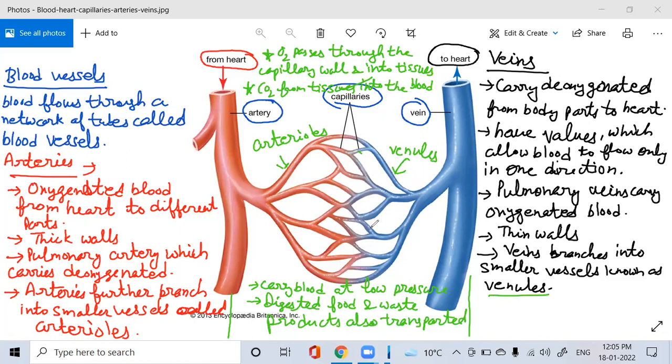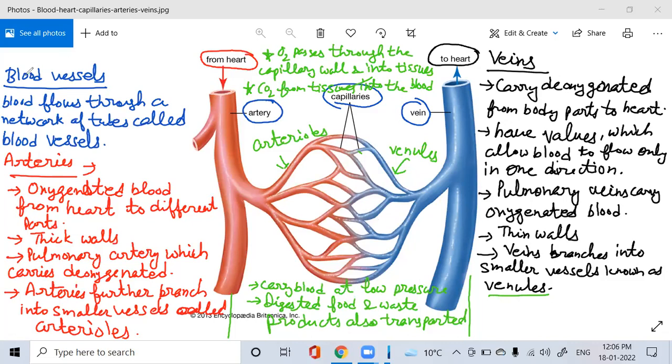Okay, so now how to distinguish between these three blood vessels? Let's discuss these one by one, arteries, veins, and capillaries, on the basis of their structure, function, and location, right?